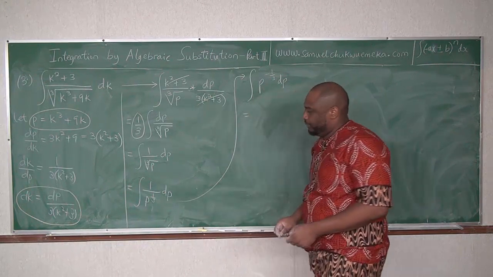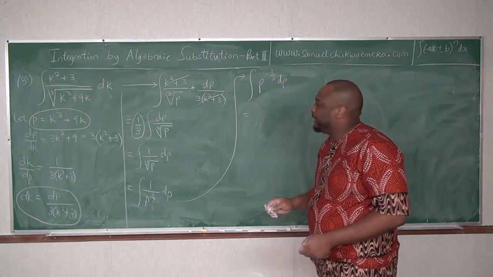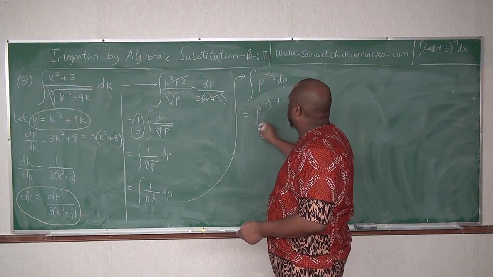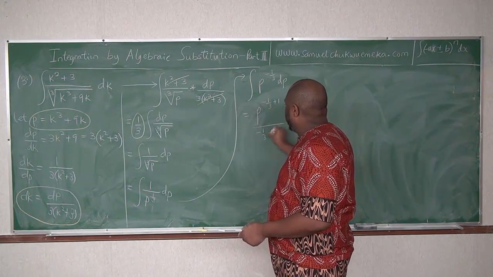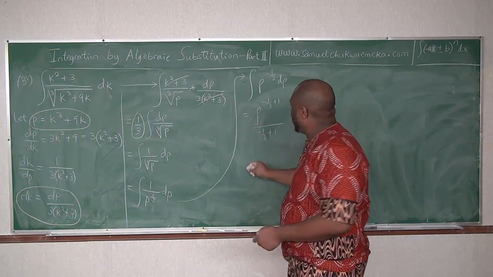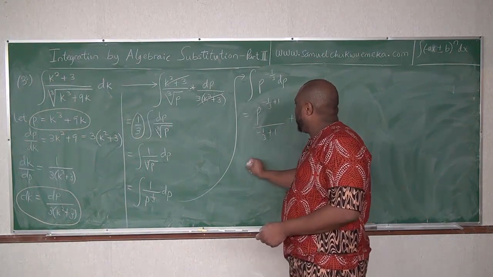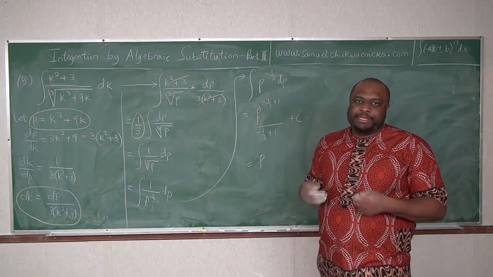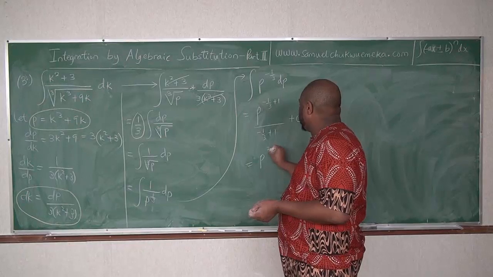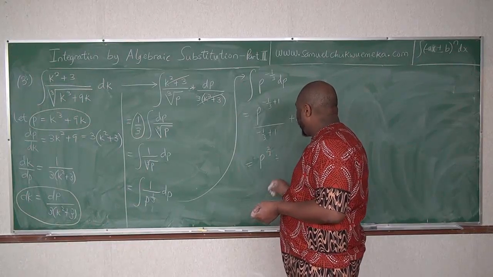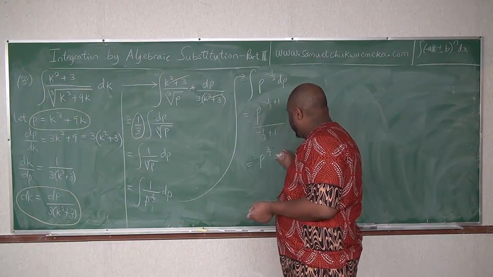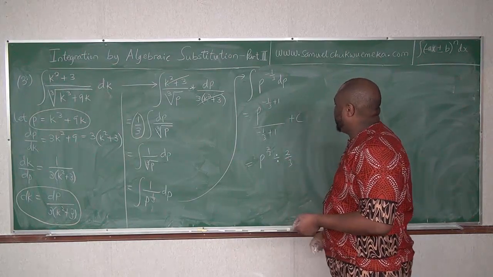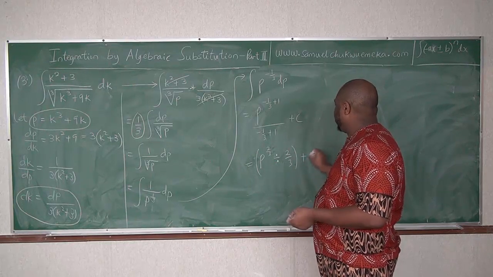From the law of exponents, this is p raised to negative 1 over 3 plus 1, over negative 1 over 3 plus 1, plus c, which is p to the 1 minus 1 over 3, which is 2 over 3. So p raised to power 2 over 3 divided by 2 over 3, plus c.